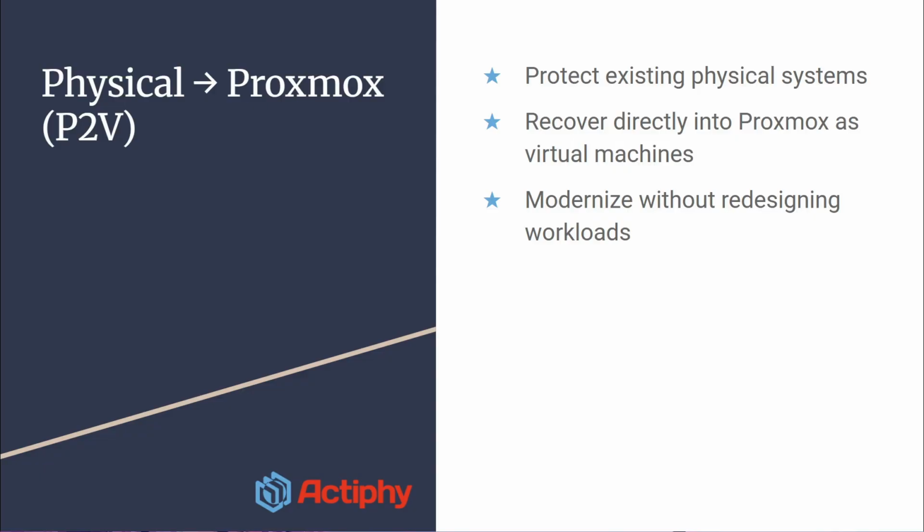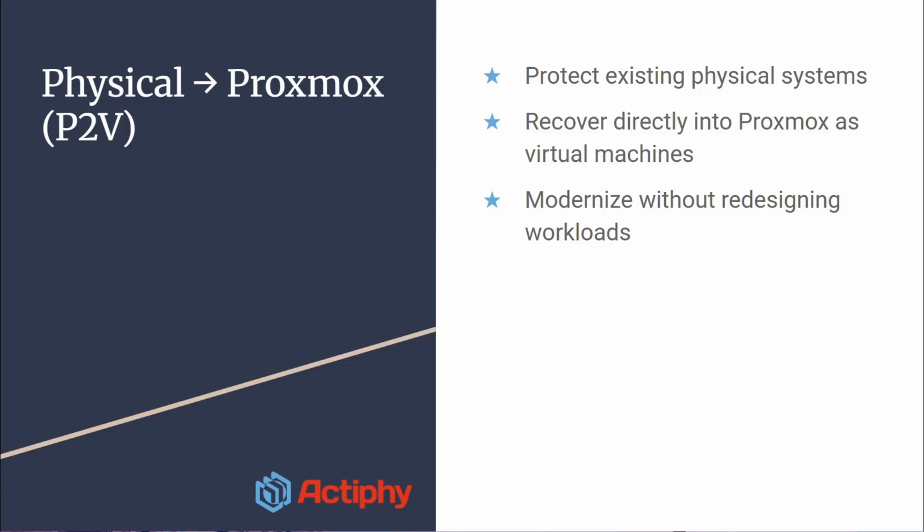One of the biggest barriers to modernization is the fear of disruption. Legacy applications may not have installers, configuration details may be undocumented, original architects may no longer be available. Redesigning workloads from scratch is time-consuming and risky. Image-based migration changes that equation.